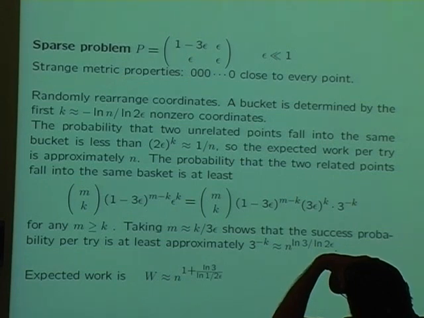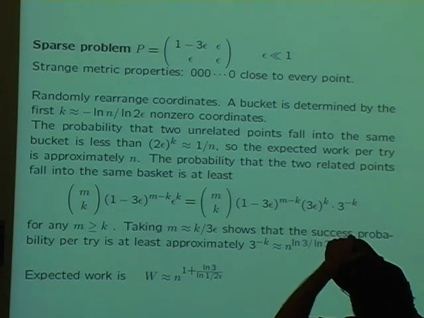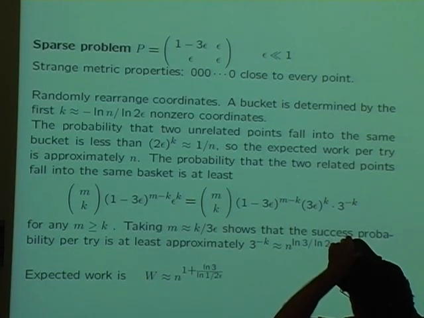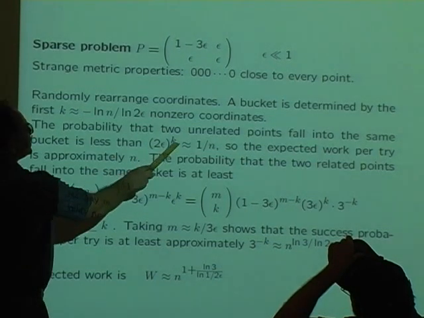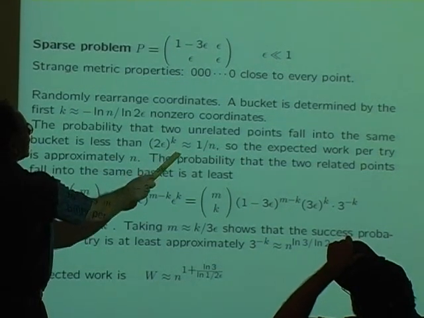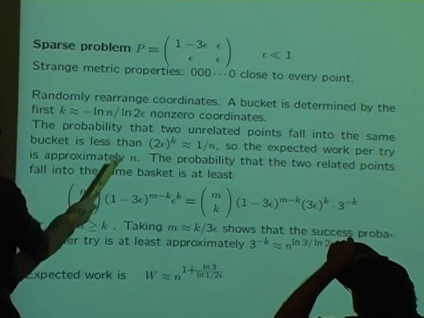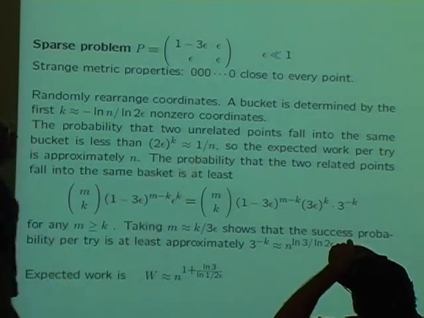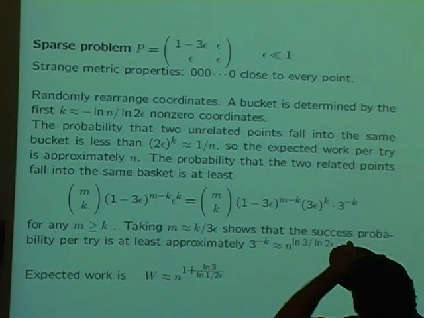It could depend on a large number of coordinates, but we know that at least k of them, so look at the first, at least k of these are ones. Now these ones must be ones also in the other. So the probability is at most 2 epsilon to the k. Now this choice of k is so that this is of order 1 over n. So that again, we expect the buckets to be of a small size.